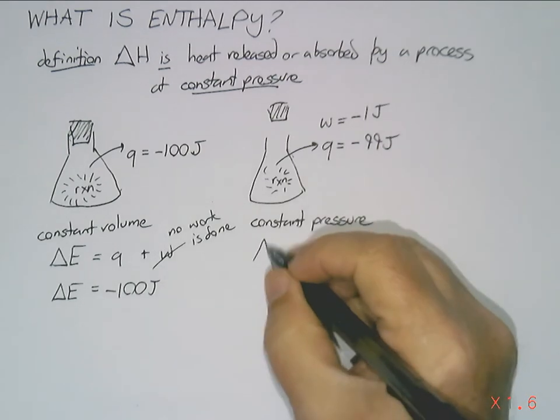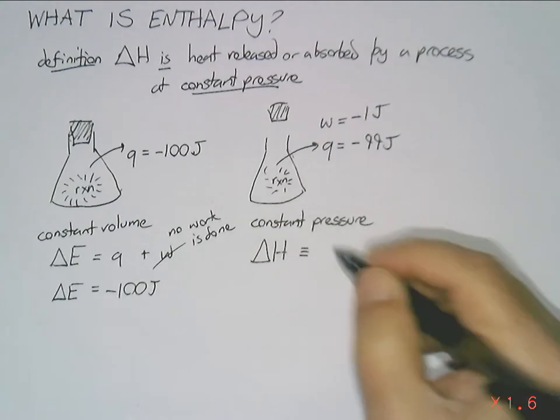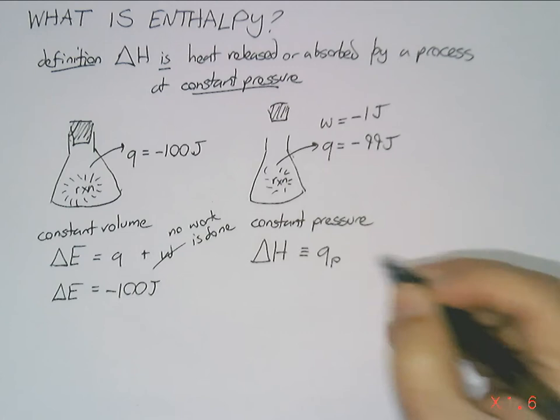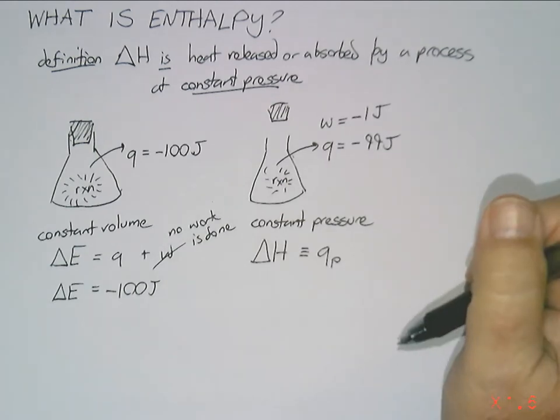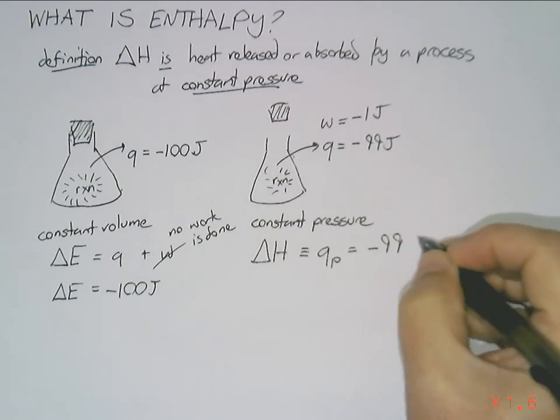So what we do is we define the enthalpy change as the heat, and sometimes we could put a subscript P here for heat absorbed or released at constant pressure. So the enthalpy change in this case is going to be minus 99 joules.